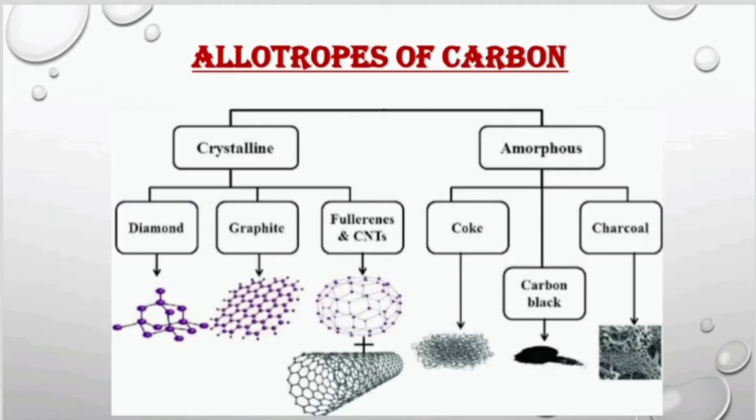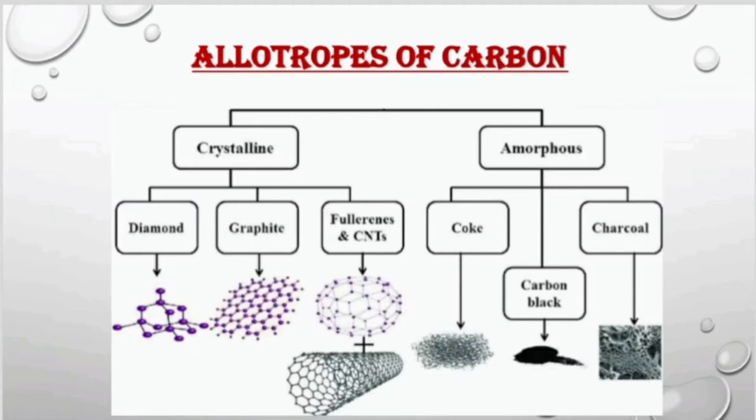And those substances which do not have a regular geometric shape are known as amorphous. The crystalline forms of carbon are diamond, graphite and fullerenes. Amorphous forms of carbon are coke, carbon black and charcoal.